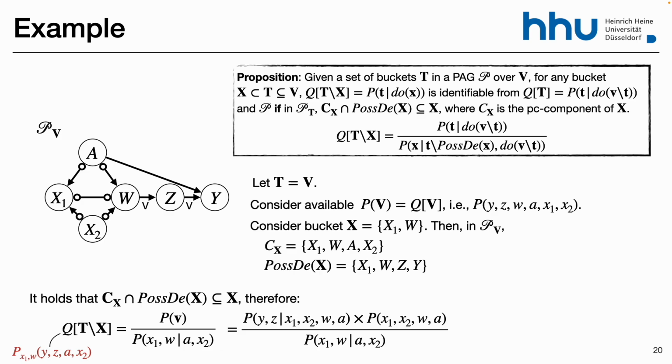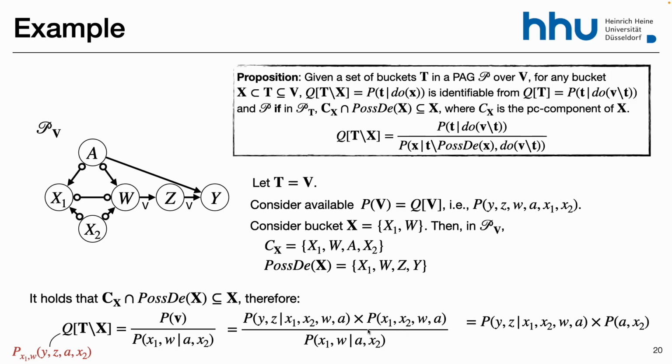And basically now it's just some algebraic operations. The PV is the joint, but here I'm just opening it up to make it easier to simplify. So I'm conditioning on y and z, and then conditioning on the others, multiplying by the others, and dividing by this same denominator.